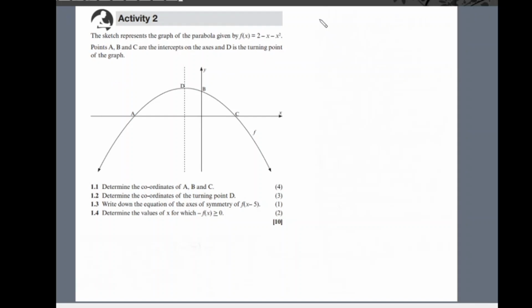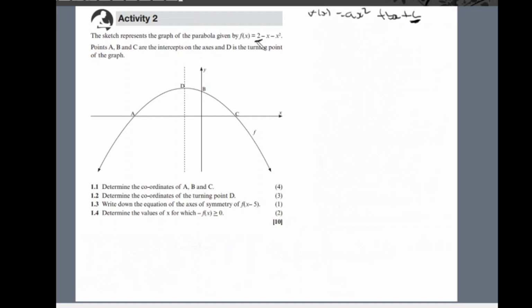Looking at the graph, I can determine the coordinates of B because B represents the y-intercept of the graph. I know the function has been given in the form f of x equals ax squared plus bx plus c, where c is the value of the y-intercept.